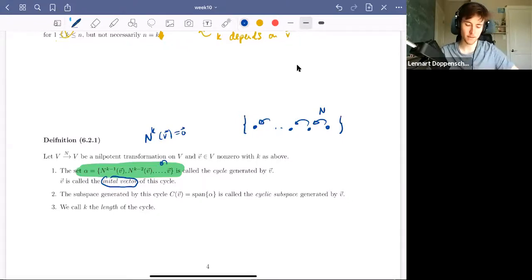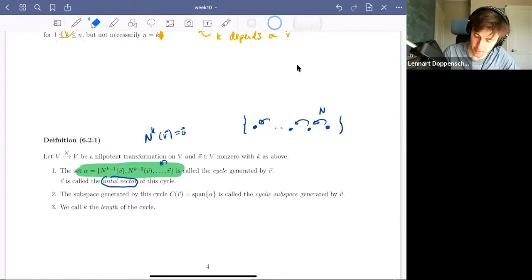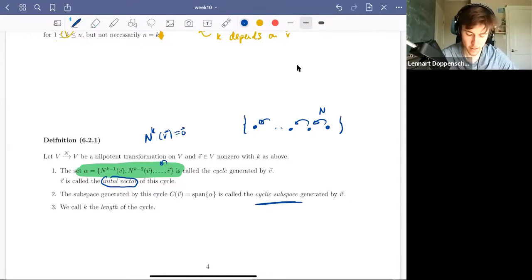Of course, if we have a family of vectors, we can span a space with them, and so we call this the span of the cycle, the cyclic subspace generated by v. And k, the length of the cycle, is denoted by k, and this is actually called the length of the cycle. Okay, this is a lot of just conventional notation and names.